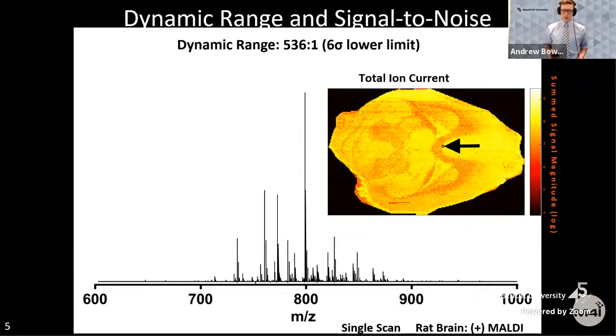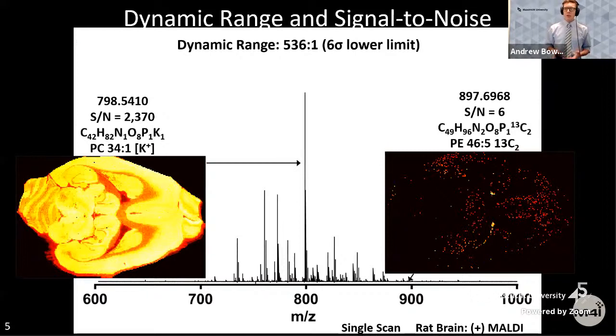Whenever you're dealing with super high resolution data, one of the most important aspects from 21T data is the increased dynamic range and signal to noise ratio. Our dynamic range tends to fall around 536 to 1, meaning that we can detect peaks at a count of 1 and counts of 536 in a single pixel.